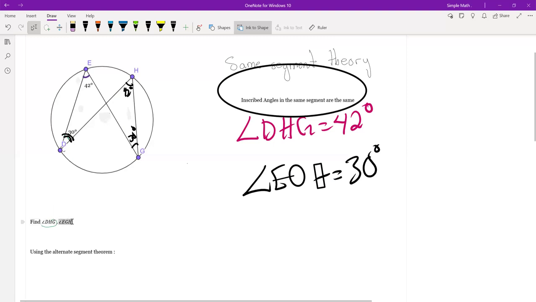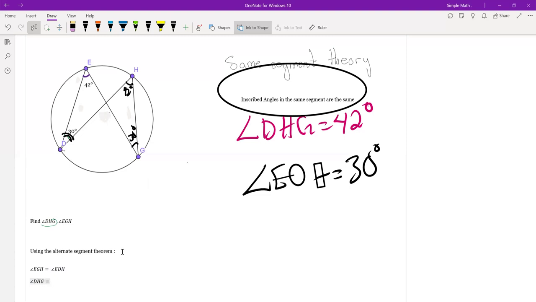For example, I can say angle EGH is equal to angle EDH, and then angle DHG is equal to angle DEG.